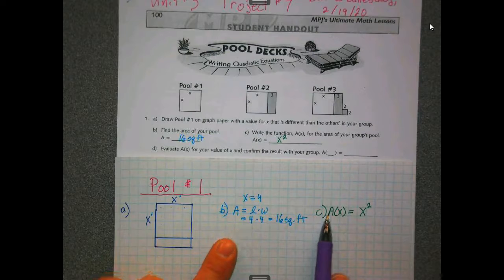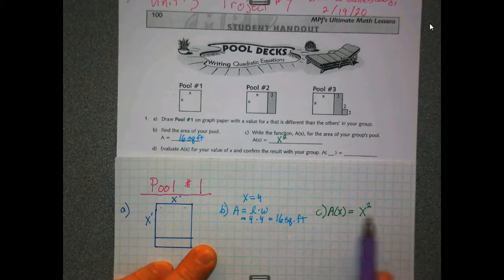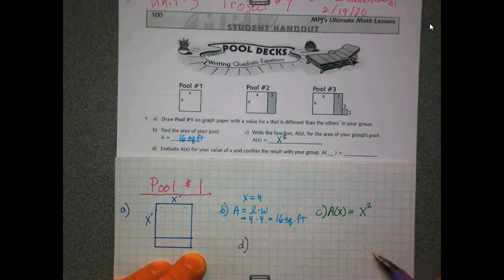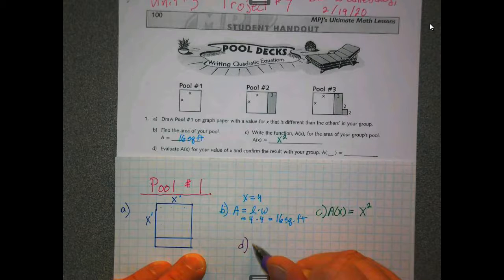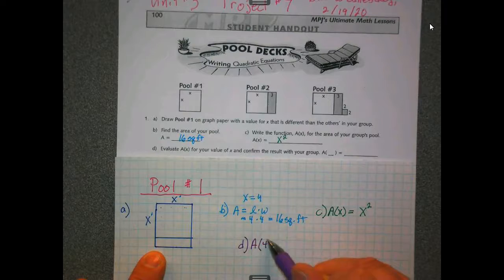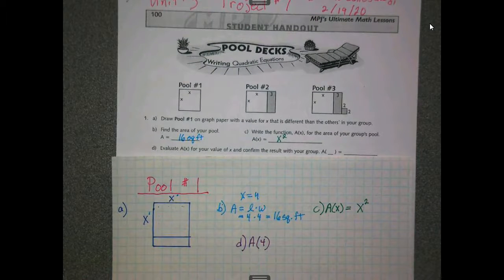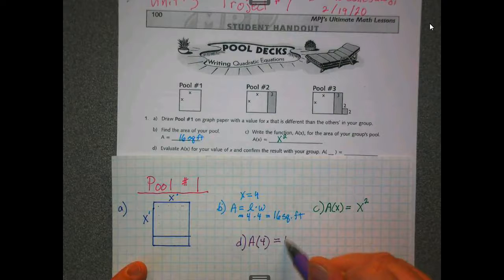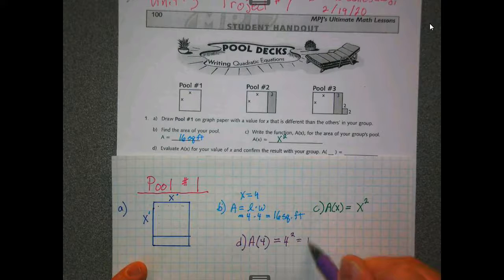They want you to use your function equation and say, well, what if my x equals, in this case, 4, whatever yours is, the side of your square. And then figure out 4 squared is 16 feet squared.